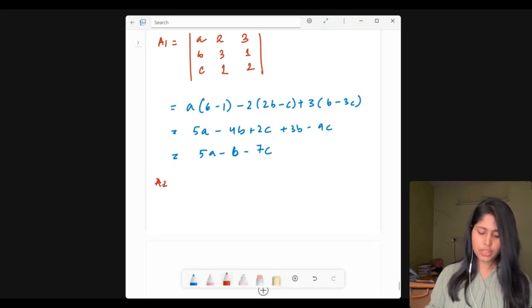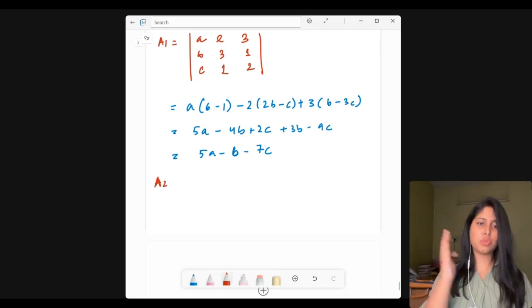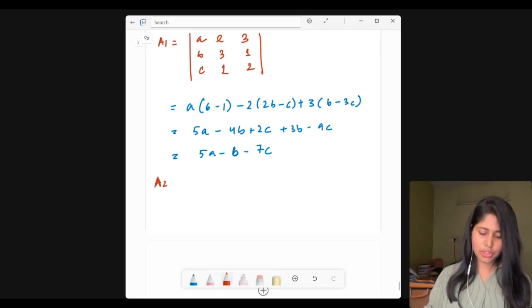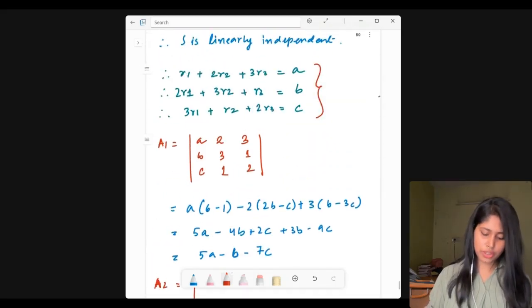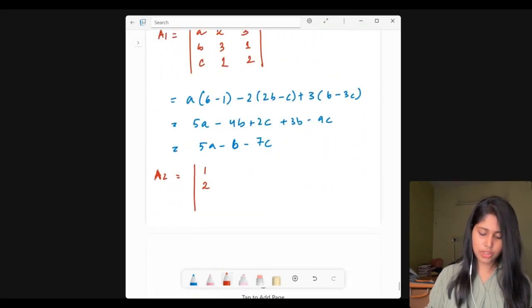A2 will be the same A matrix with the second column replaced with the B column. The first column is 1, 2 and 3. The next column will be a, b, c. Then it will be 3, 1, 2.